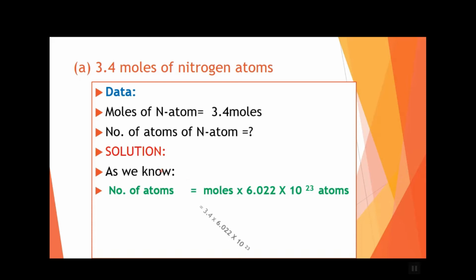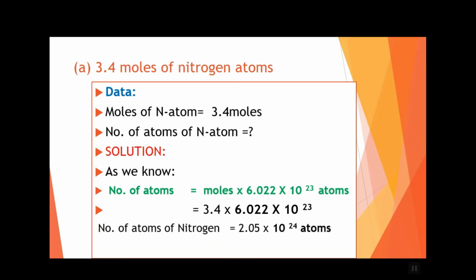Now, put the values: 3.4 multiplied by 6.022 exponent 23. So, we get the answer, number of atoms of nitrogen 2.05 exponent 24 atoms. Students, this is our answer.